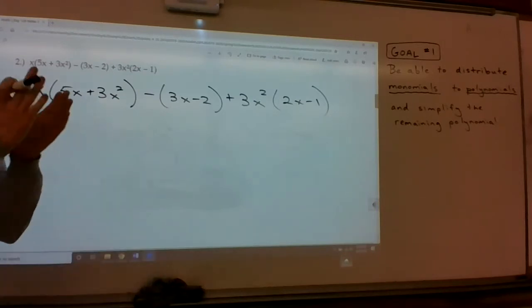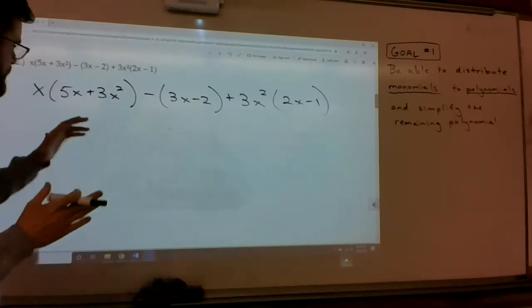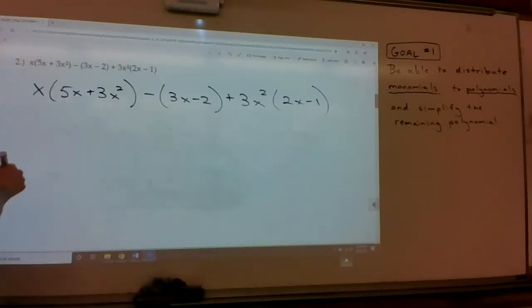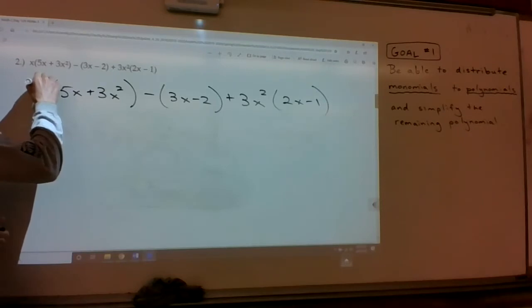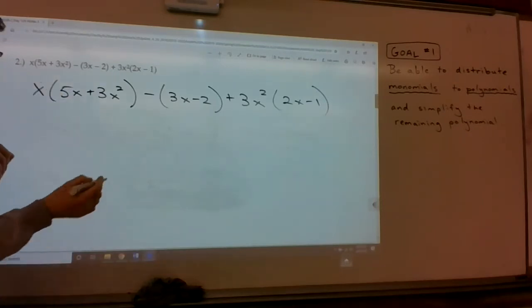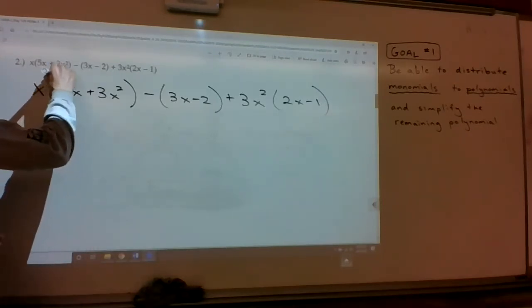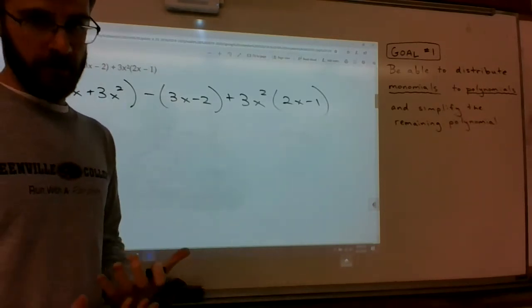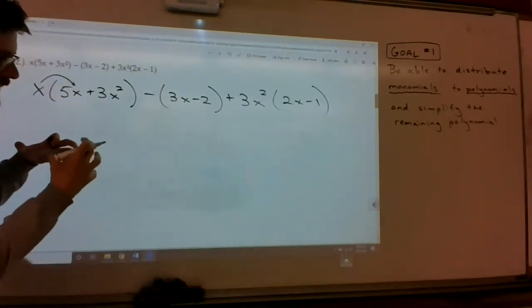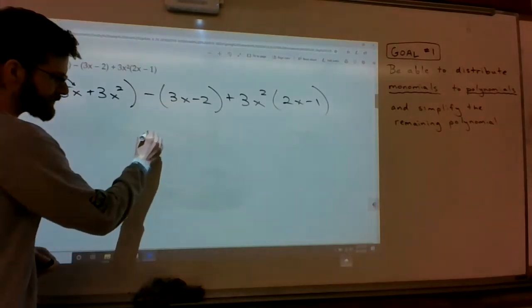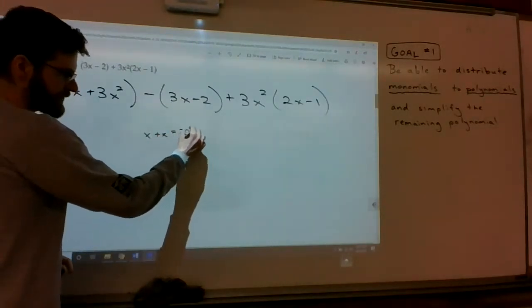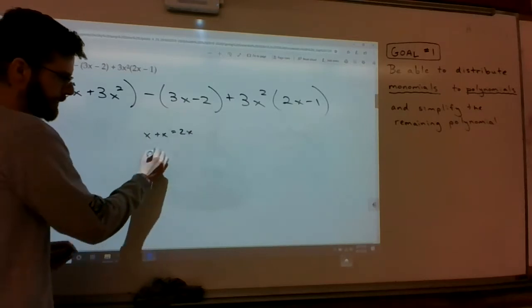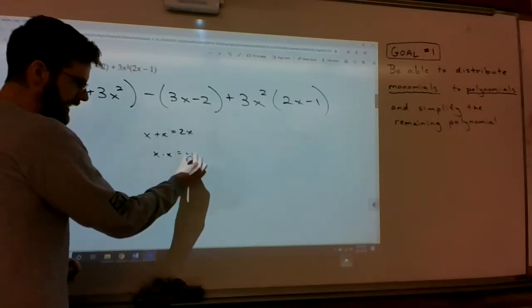Bottom line is if there's anything resting on the outside of the parentheses, that's indicating multiplication. So it's x multiplied by all the parts inside here. I'm going to take this one at a time. When you have an x times an x, that should give you an x squared. Now, x plus x equals 2x, but x times x is equal to x squared.